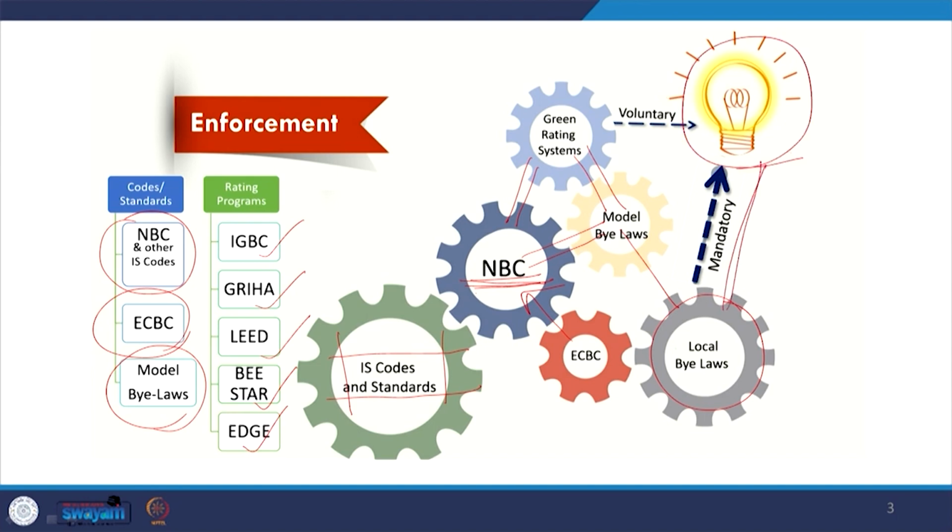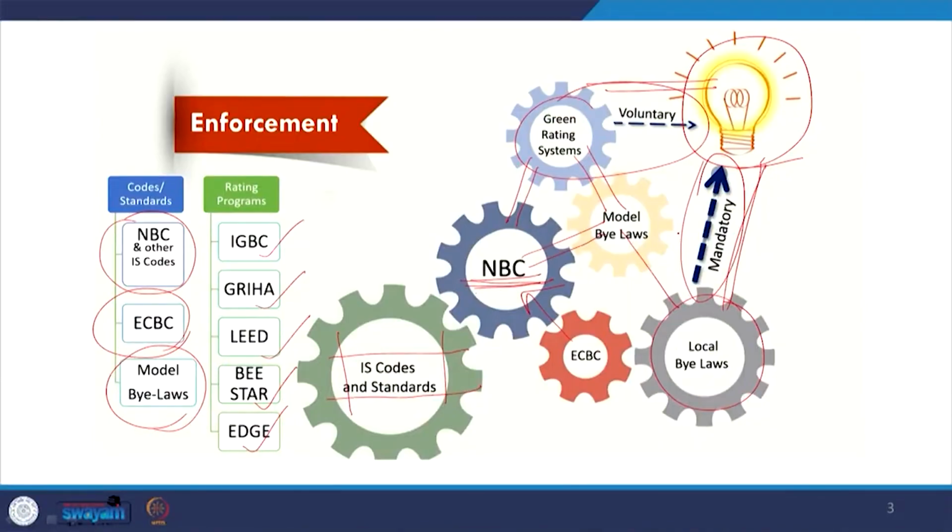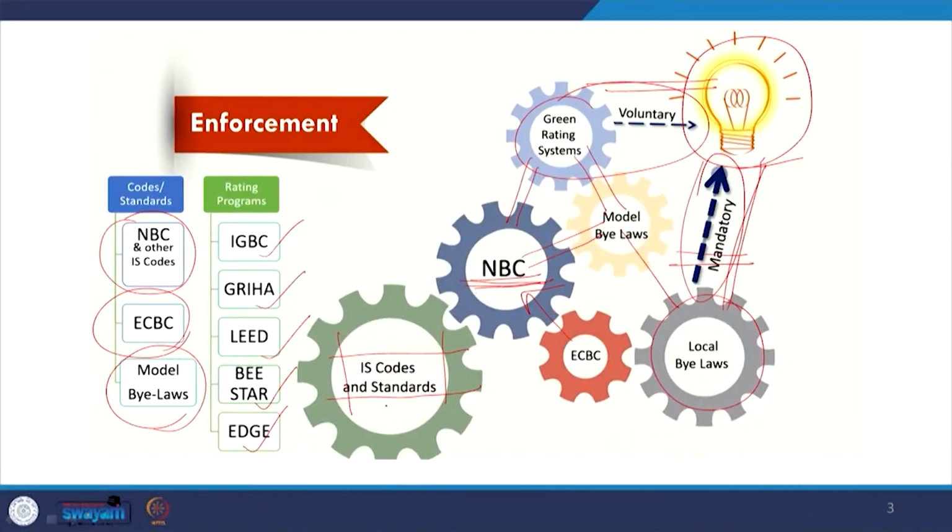whatever it is, is partly governed by the mandatory laws and standards, and partly governed by the voluntary set of laws. In the case of green and sustainable buildings, the green features are largely voluntary in nature as of now, as far as the standards are concerned, while the rest of the requirements, for example structure, building height, habitable spaces and minimum dimensions, are all governed by the mandatory codes, which are the IS codes and standards.